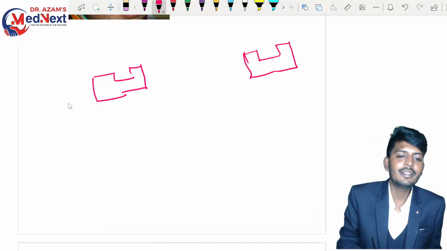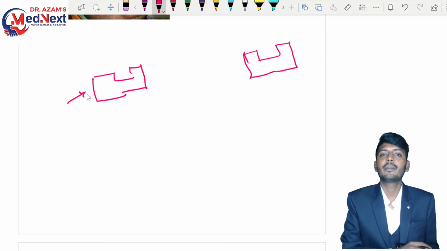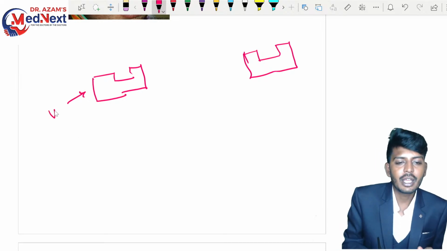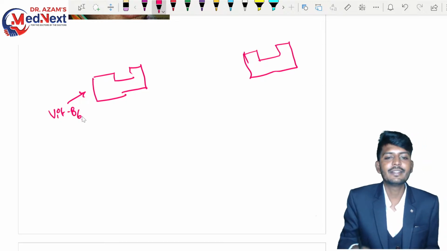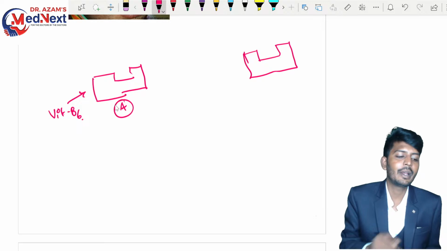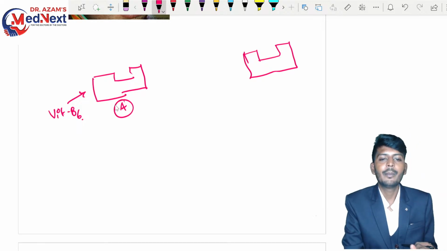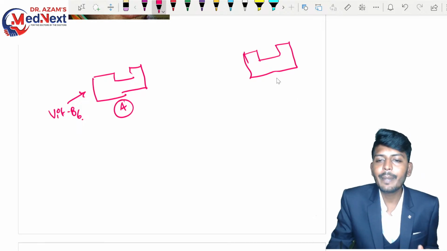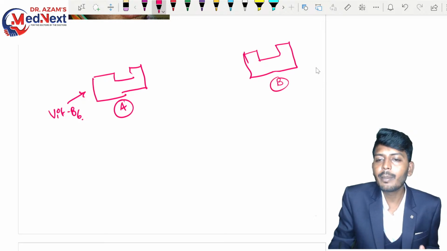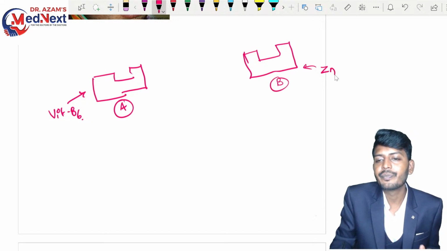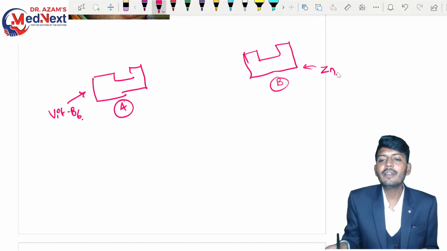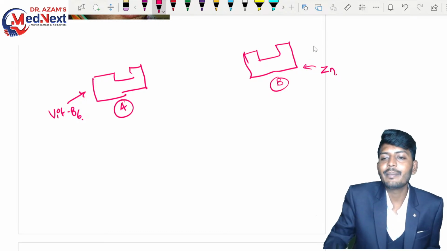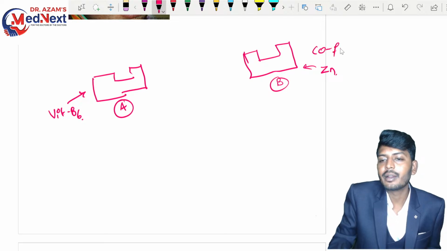So for this enzyme to work, ये एंजाइम को काम करने के लिए मुझे चाहिए था विटामिन B6। ओके, दिस इज एंजाइम ए। सो एंजाइम ए को काम करने के लिए क्या चाहिए था, विटामिन B6। यहाँ पे एक था एंजाइम बी, इसको काम करने के लिए चाहिए था जिंक। So if zinc is helping the enzyme, then it will become a cofactor.